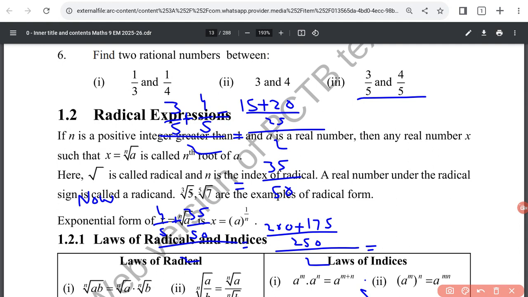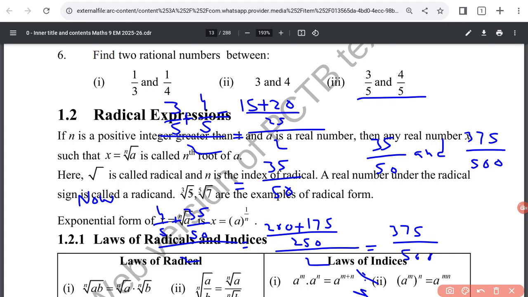Then we have 200 plus 175, that is equal to 375, and then we multiply 250 by 2, that is 500. So 35 over 50 and 375 over 500 are our two rational numbers between 3 over 5 and 4 over 5.